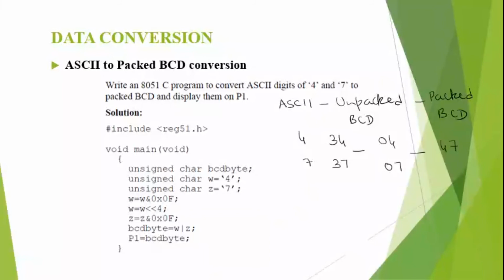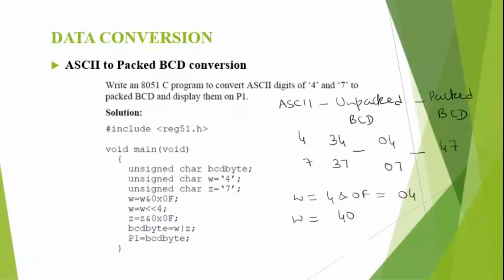Then W equals 4 bitwise AND with 0F, so we get 04. Then we shift left 4 bits, so we get W as 40.